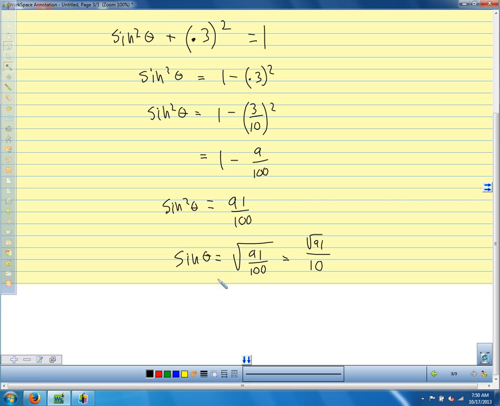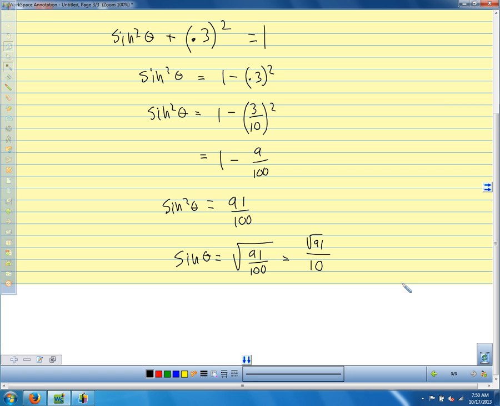Now once I have this, could I then go on and find the exact value of all 6 of the trig functions? Because I have sine and cosine, I can find tangent. I have the cosine, so I can find the secant, the reciprocal. I have the sine, so I can find the cosecant, the reciprocal.